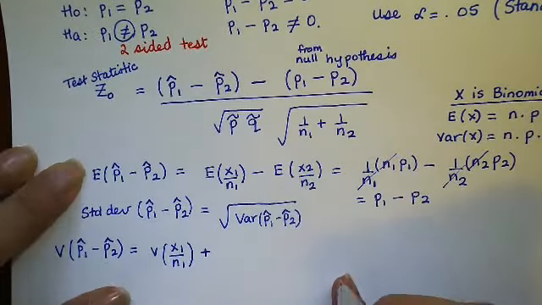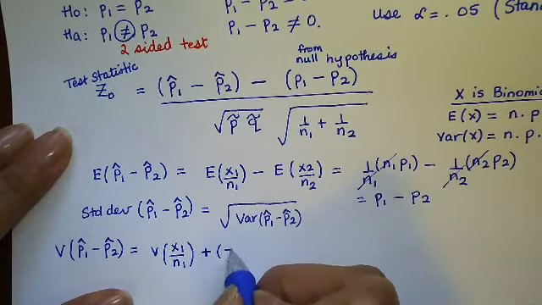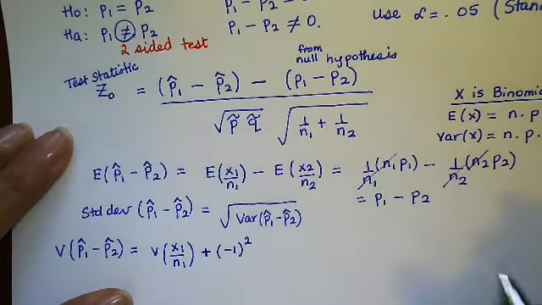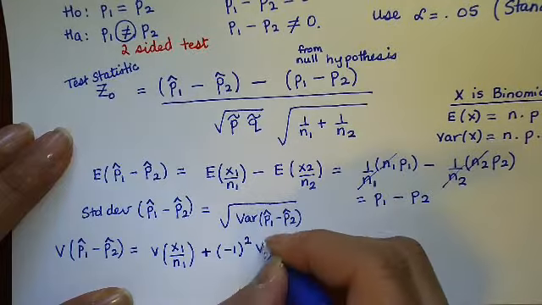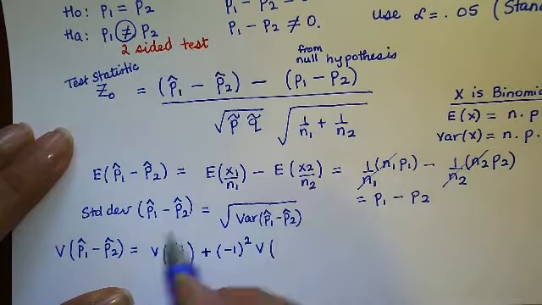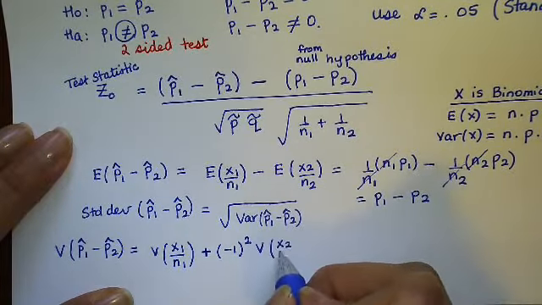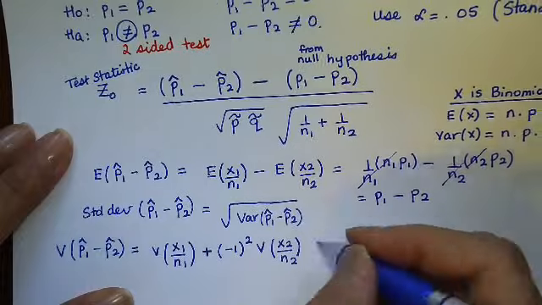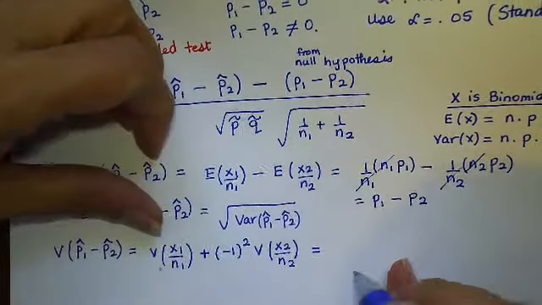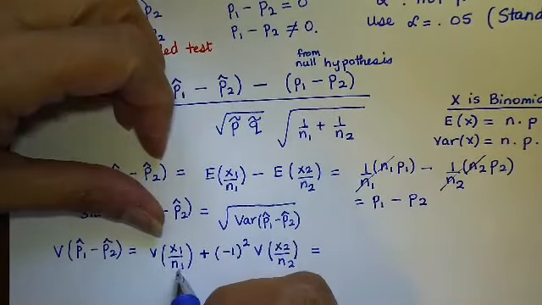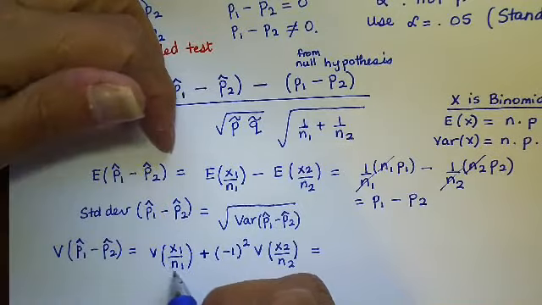P1 hat, of course, is x1 over n1 plus -1 squared. Remember, when you have a coefficient in front of the p2 hat, you have to pull out that coefficient and square it. So my -1 squared times the variance of p2 hat, variance of x2 over n2.